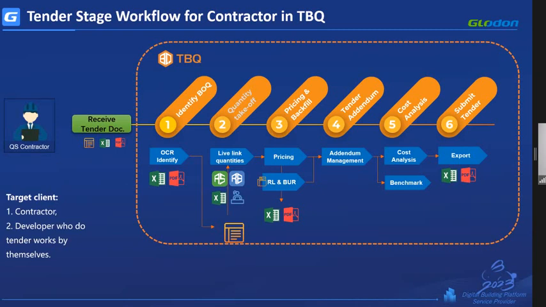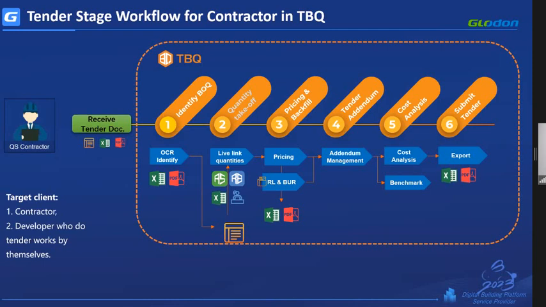We also have the resource library and unit rates in our TBQ, which can help you reuse the data, and we can also do the comparison with the tender addendum. It will save you more time and human resources in doing the comparison.